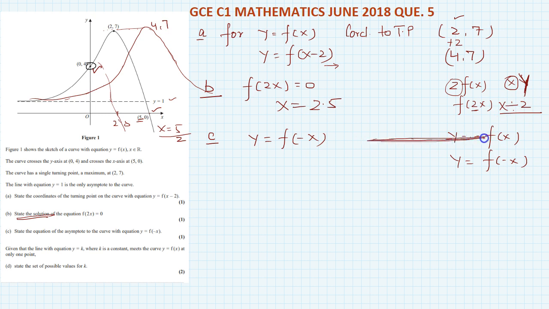Minus f(x) is reflection in the x-axis. Only remember that this is definitely the reflection in the y-axis.